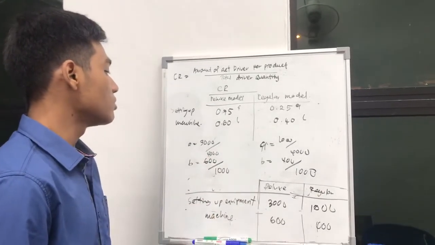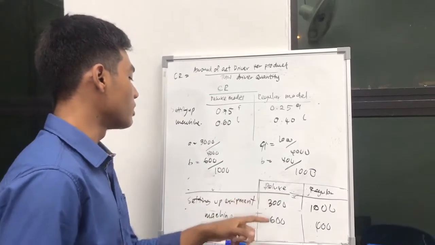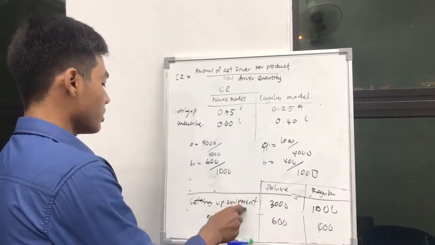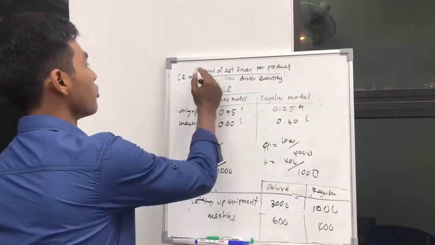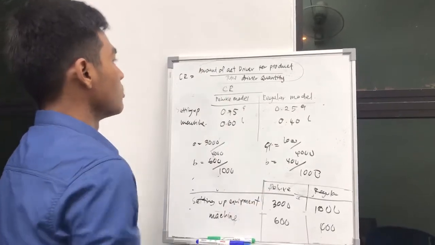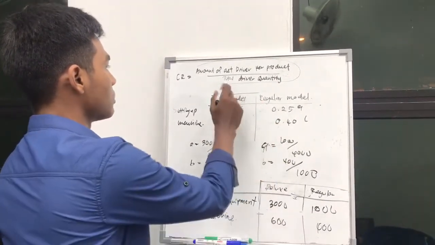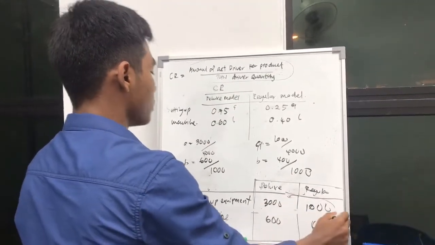The first one, you need to identify the activity driver, which is setting up equipment and machine. The second one, you need to know this formula, which is the amount of activity driver per product over the total driver quantity.